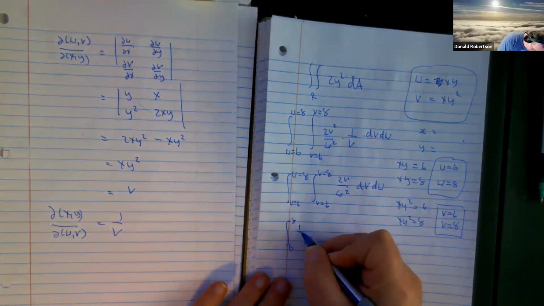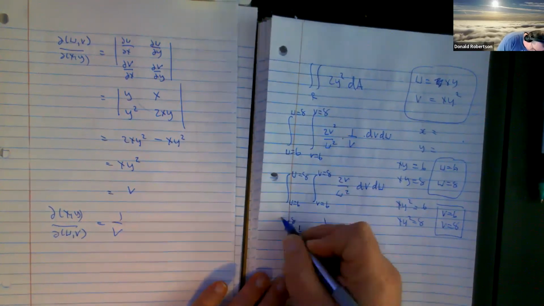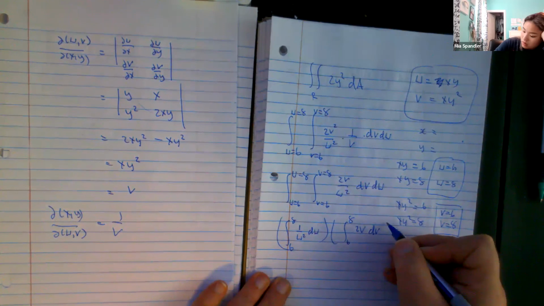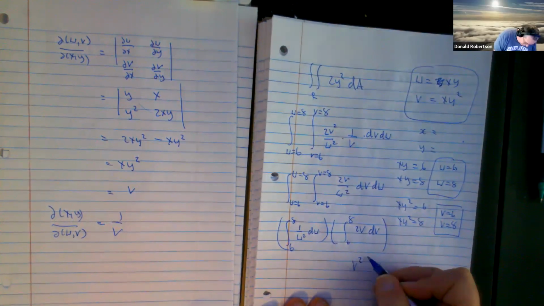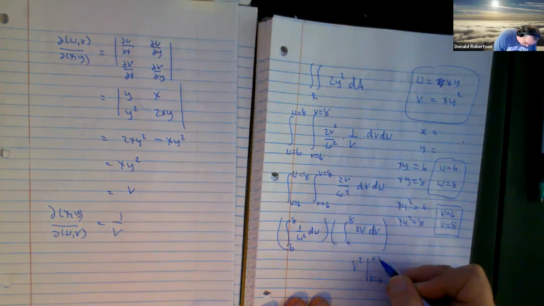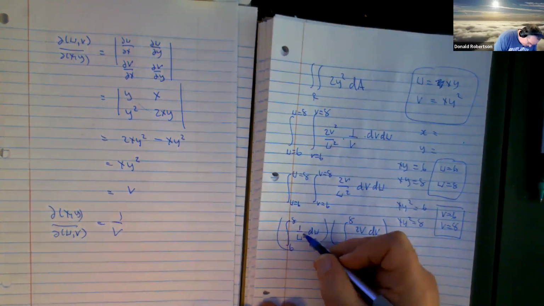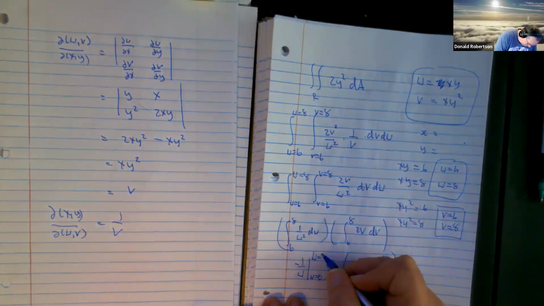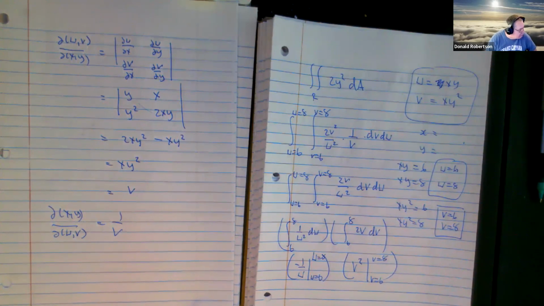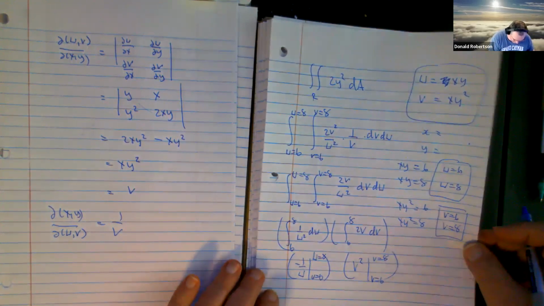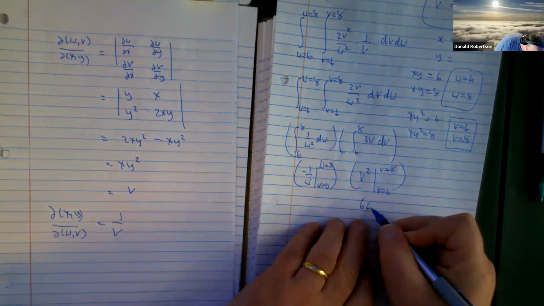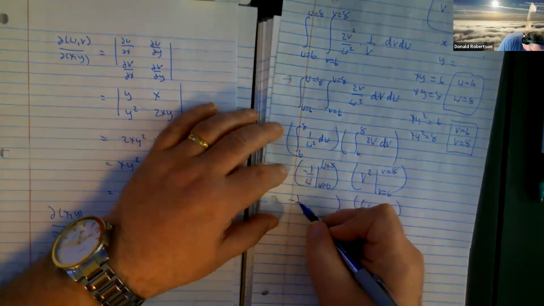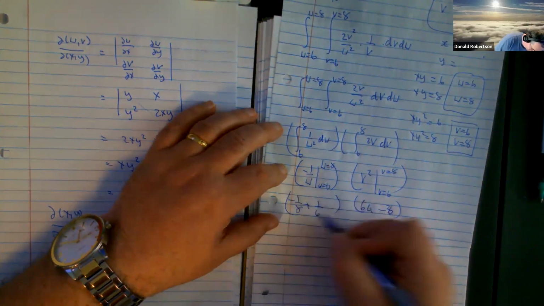The integral from 6 to 8 gives a 1 over u squared, and then the integral from 6 to 8 gives a 2v. That guy is v squared from 6 to 8, and the other is negative 1 over u from 6 to 8. I'm going to get 64 take away 36, and negative an 8th add a 6th.